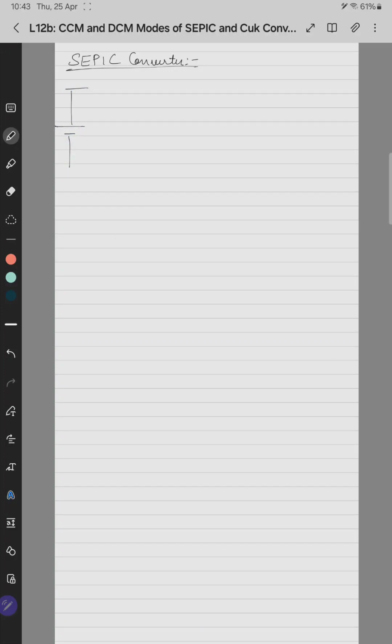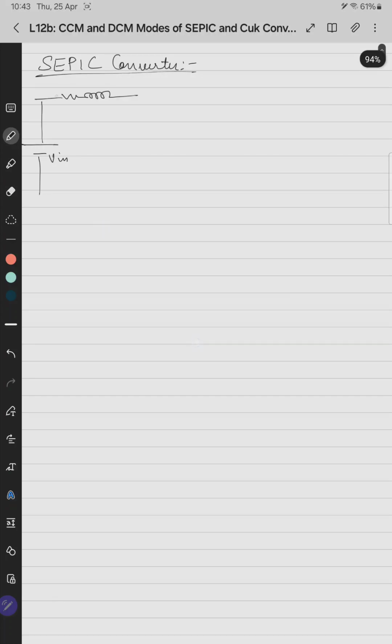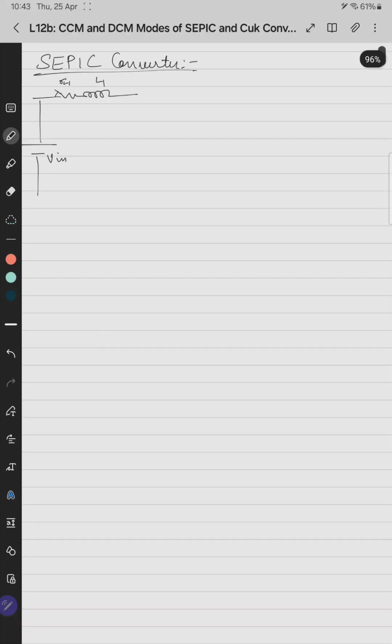a DC source, then an inductor L1 with resistance RL1. This is Vin, and this is the input current IL1.